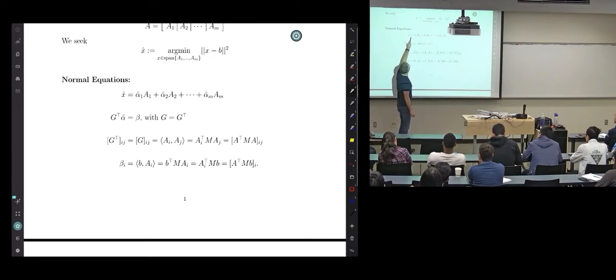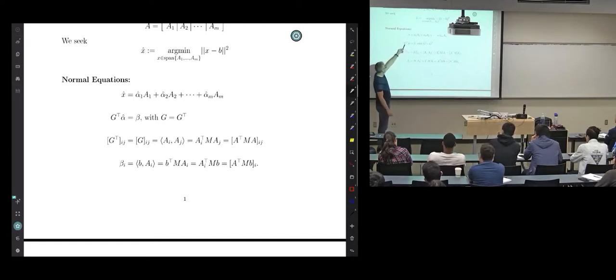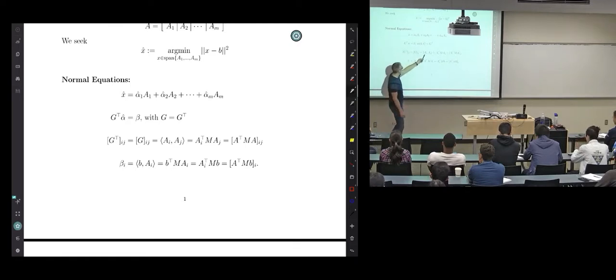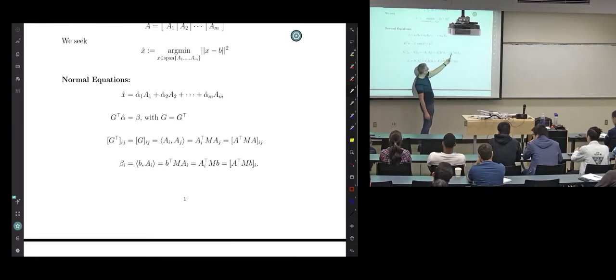The best X is a linear combination of the columns of A, and those coefficients satisfy the Gram matrix times alpha equals this coefficient beta. The ij entry of the Gram matrix is the inner product of the columns of A, but now there's a weight. That's the only difference. So instead of the identity here, we have a weight. And so that's the ij entry of the matrix A transpose MA. So this is the new Gram matrix. It's not A transpose identity A, it's A transpose weight times A.